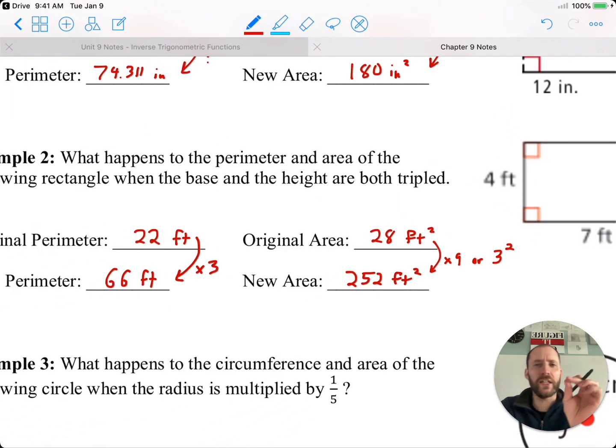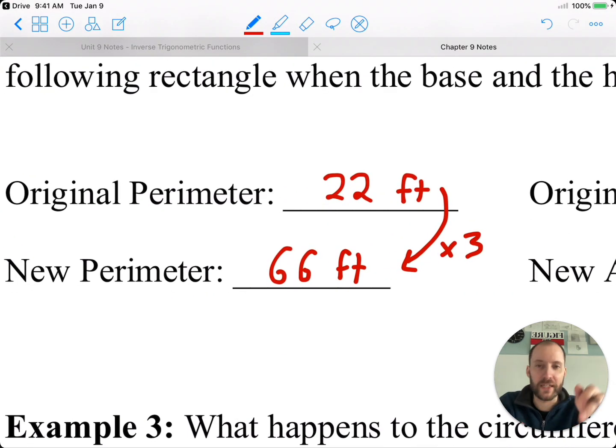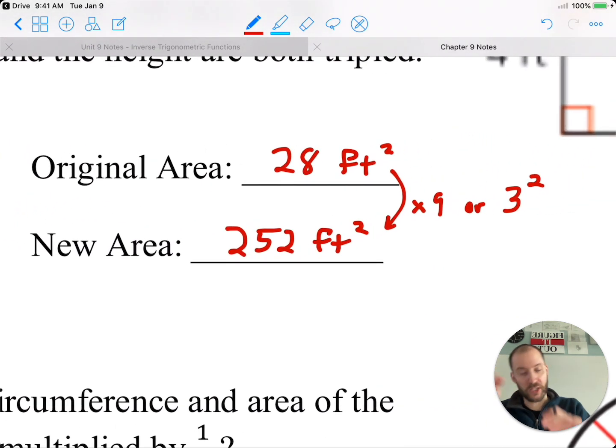So if both dimensions are affected, our perimeter is affected, that each dimension is changed, then the overall dimensions are changed the same. But the square unit, when that change happens to the base and to the height, that change happens twice. So 3 times 3, 3 squared, or 9.